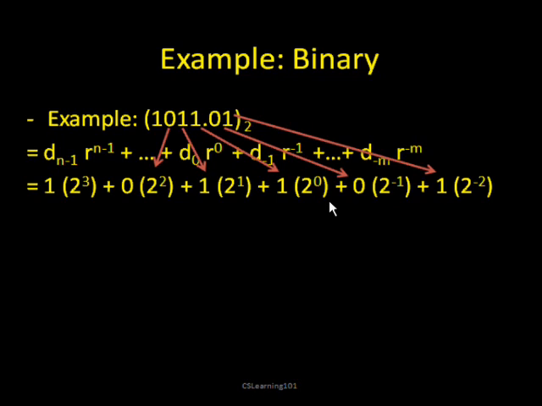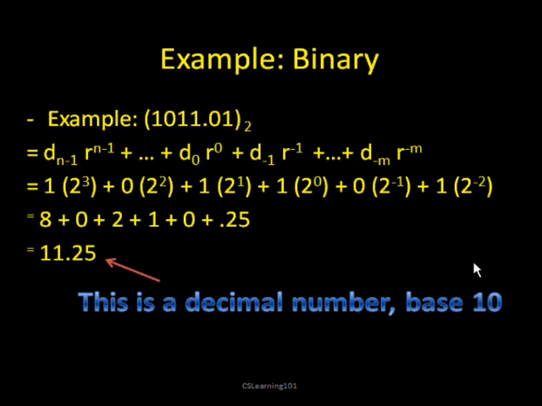And then after the decimal point, you would have 0 times 2 to the power of negative 1, plus 1 times 2 to the negative 2. If you calculate that out with a calculator, you get 8 plus 0 plus 2 plus 1 plus 0 plus 0.25, which in decimal is 11.25.